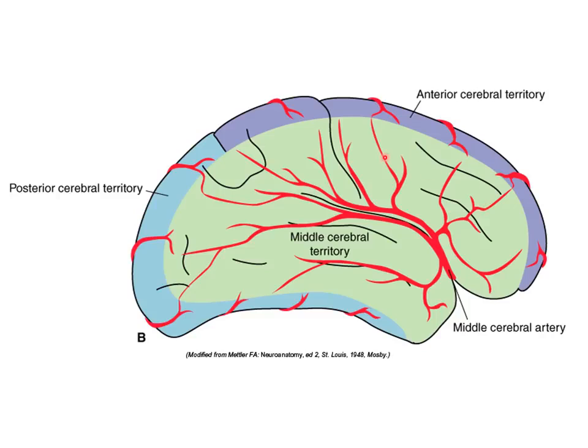Here in green, we see the entire middle cerebral territory. If you put your hand over the side of your head, over your ear, that's about how much the middle cerebral covers. And then at the posterior edge, you'll see the posterior cerebral artery, and more anteriorly, you'll see the anterior cerebral artery.